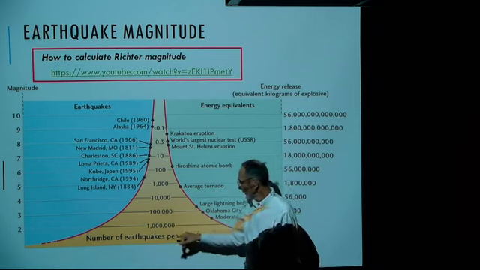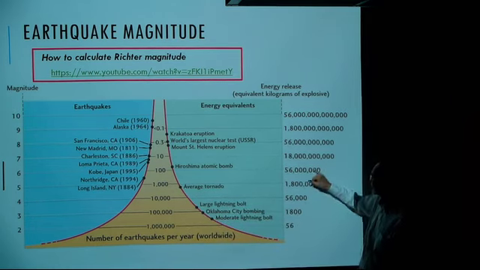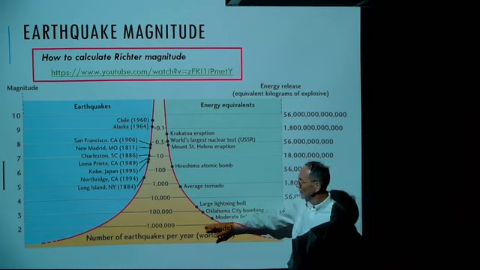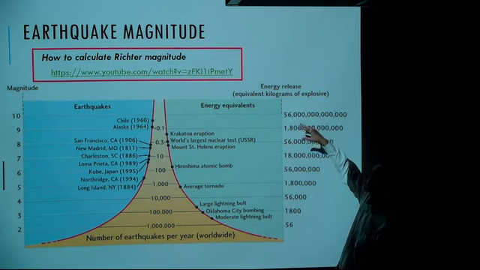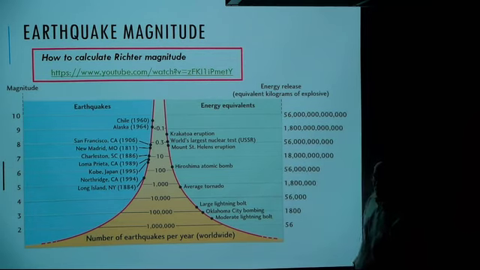And the answer is, 1 million times 56 is 56 million, 100,000 million. So that's about the equivalent of a 6, right? So 1 million magnitude 2s is about the same, in terms of explosion, as a magnitude 6.